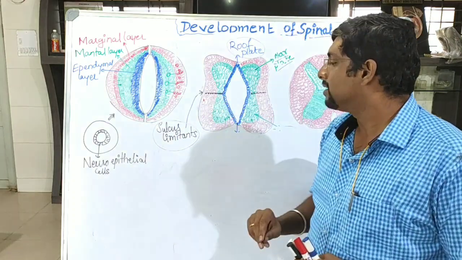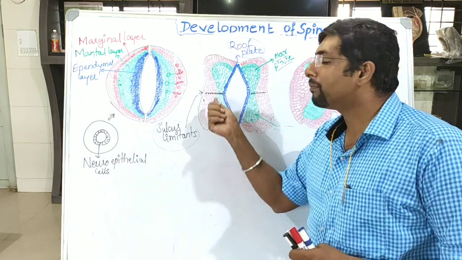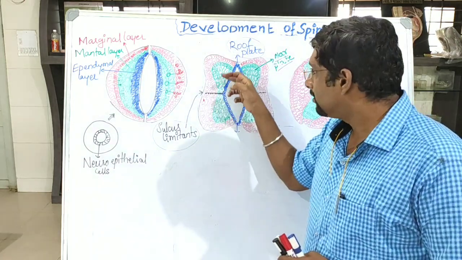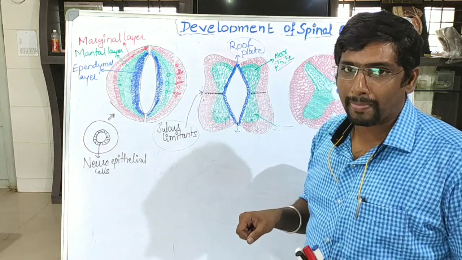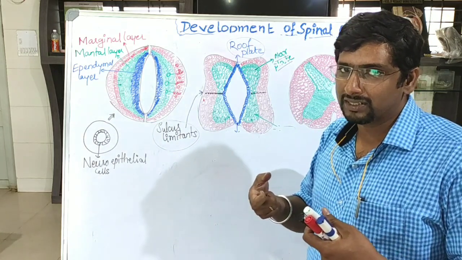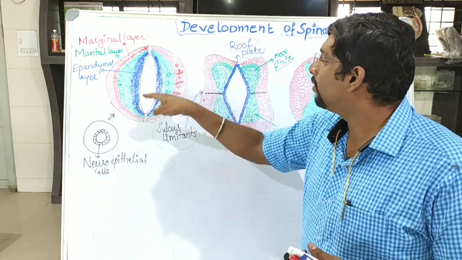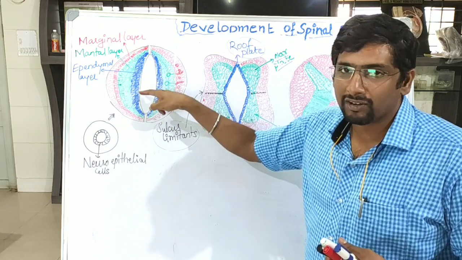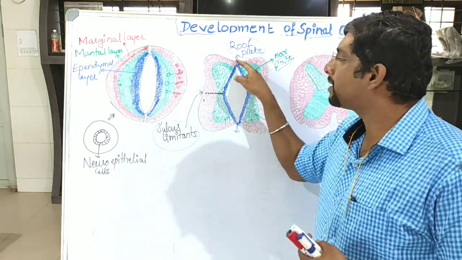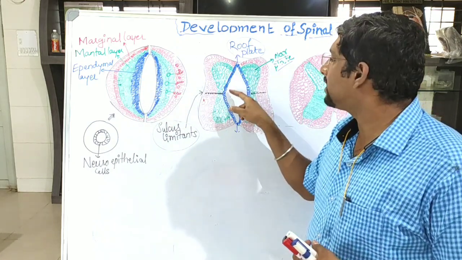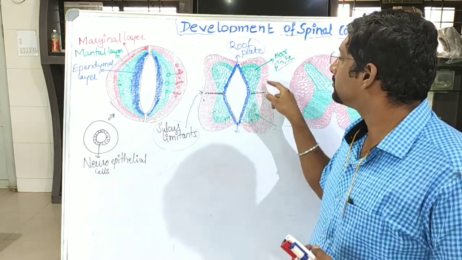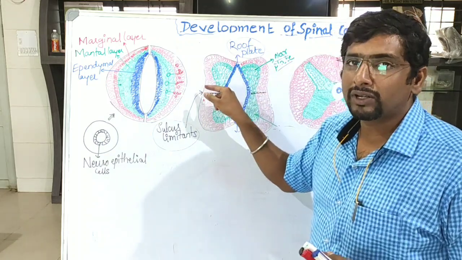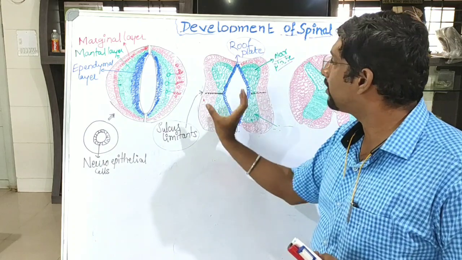There is a sulcus limitans that is going to appear in between this mantle layer. Due to the stretch of that sulcus limitans, the oval shaped cavity of the neural tube will become diamond shaped, and that is going to divide the developing neural tube into a quadrangular shape.